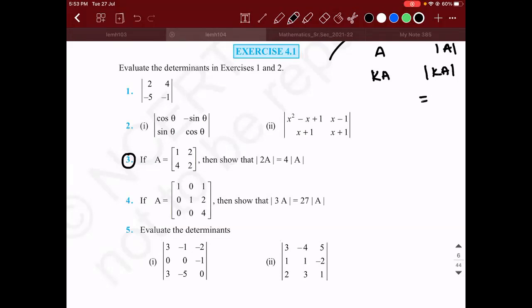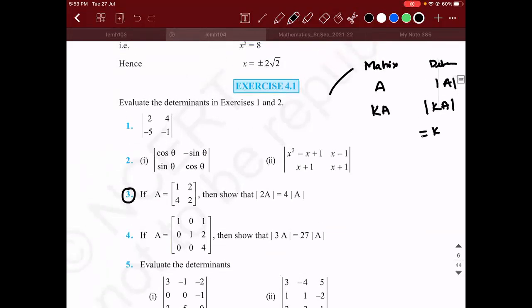So what is going to be the determinant of kA, guys? Do you guys know this property or not? See, if the matrix is of order n, and a scalar k is multiplied with the matrix, then you need to multiply k with every element, right?